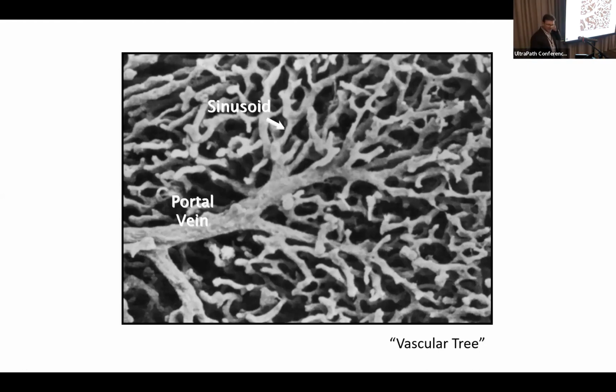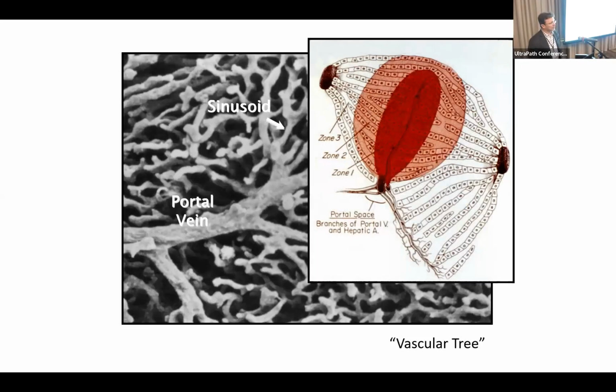And this is the functional unit that has really become more accepted by clinicians and pathologists alike. This one was described in 1954, and this is where we get the different liver zones. Zone 1 is the periportal area. Zone 2 is the transition zone as we move towards the central vein.